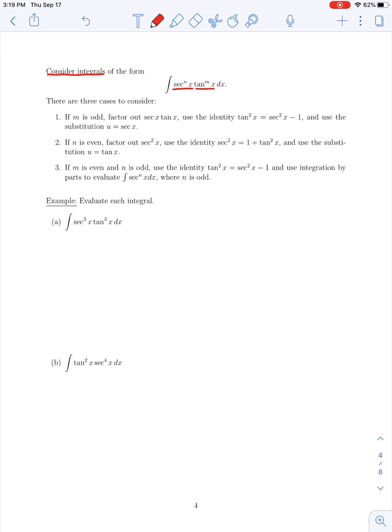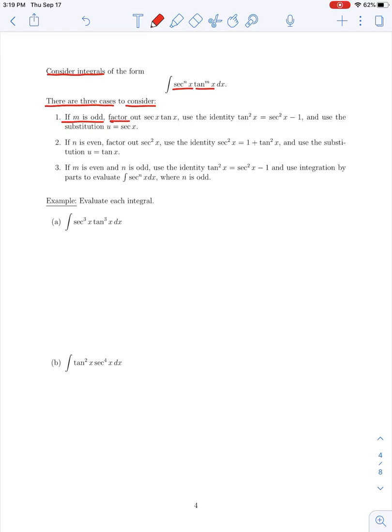So as we had considered for integrals involving powers of sine or cosine, there are three cases which we will be considering here. The first case is if m is odd, so that is if the power of tangent is odd.